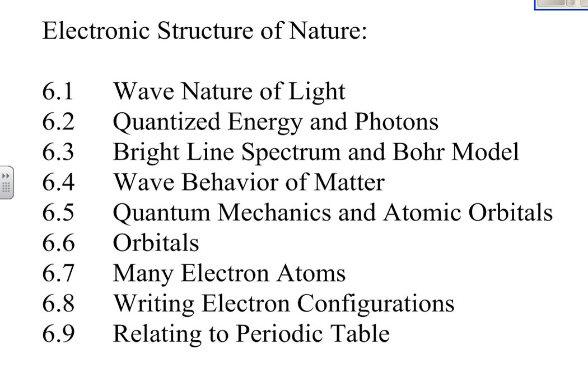So what we need to do is find out more information about the electrons and how they arrange themselves outside of the nucleus. Since we can't see them, we have to use indirect methods to understand what's going on with those electrons.